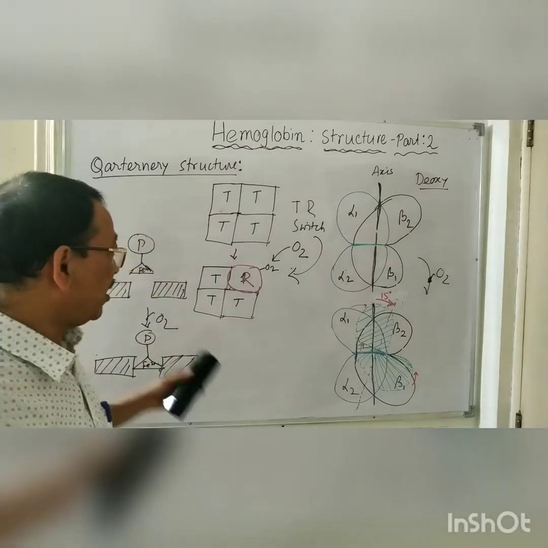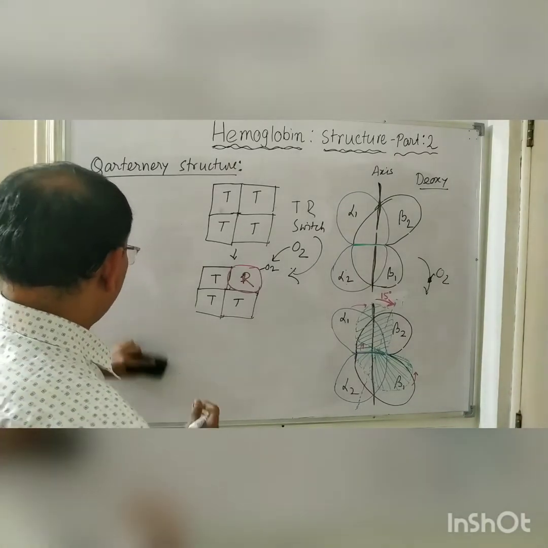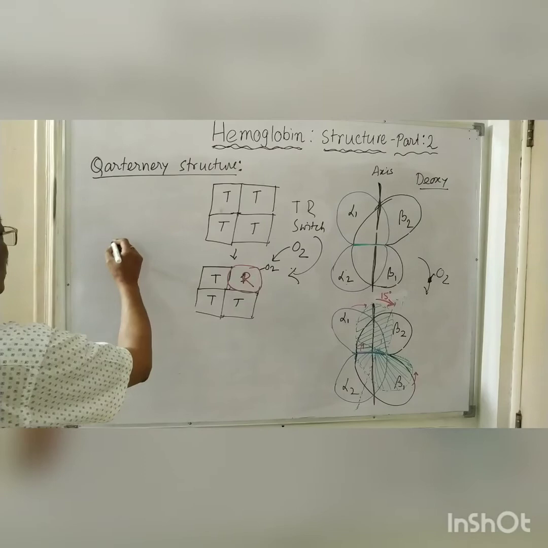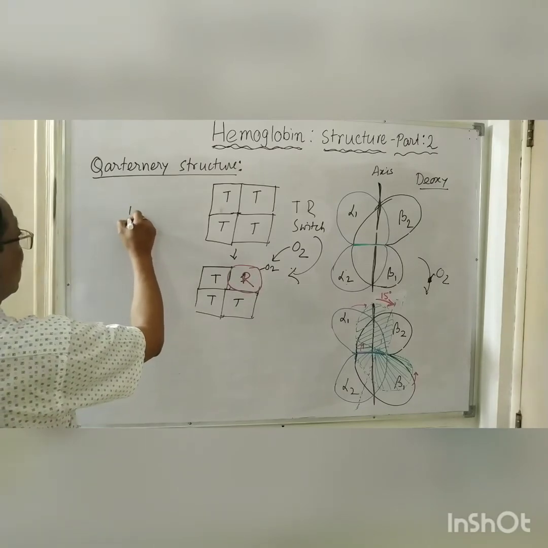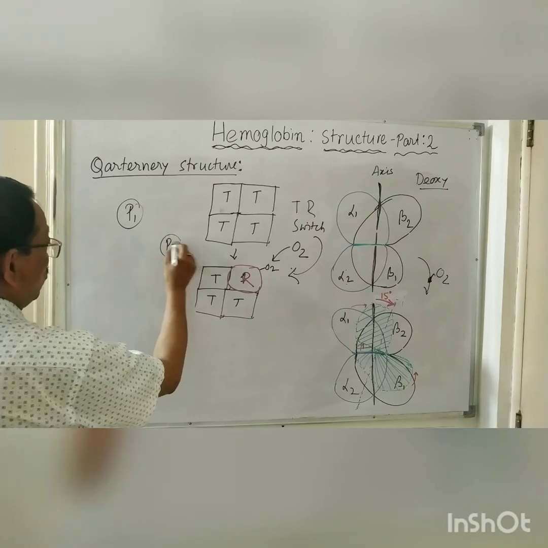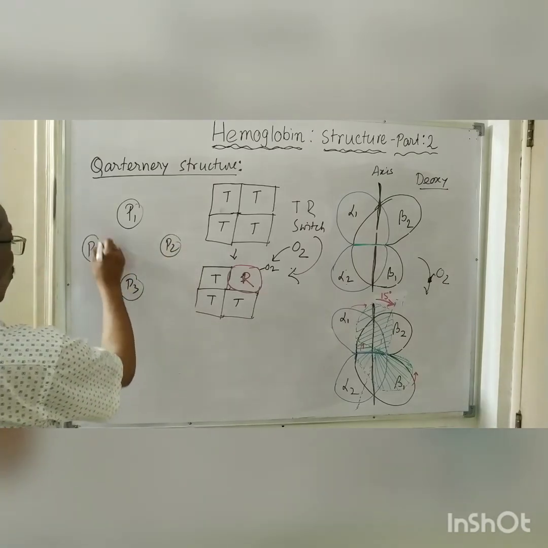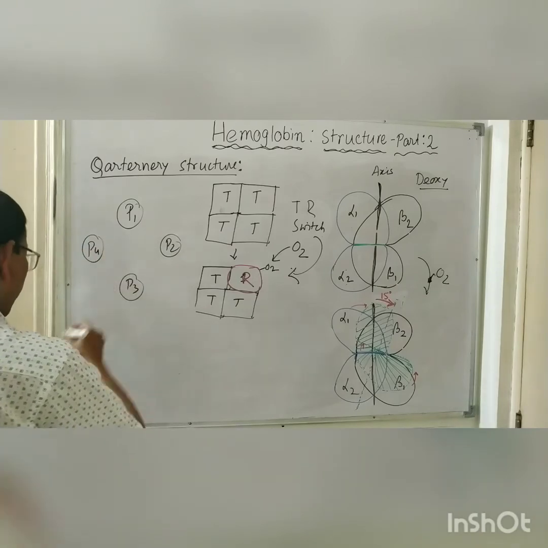Then what will happen? As I told, this is pyrrole 1, pyrrole 2, pyrrole 3, pyrrole 4, and here is the ferrous ion.